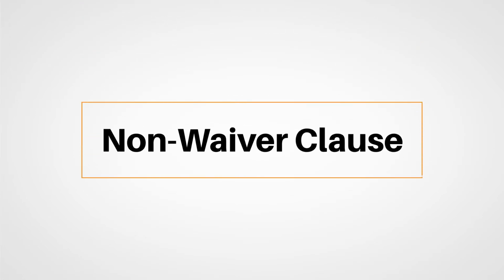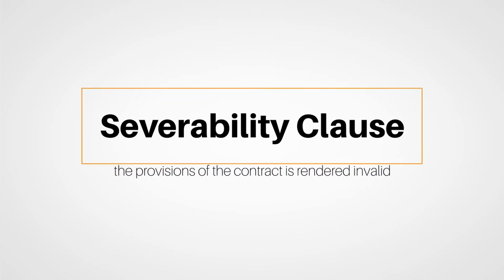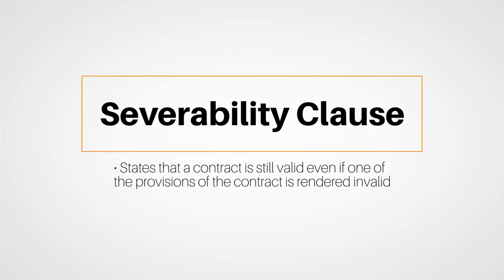A non-waiver clause is one that states that a party under a contract does not lose the right to enforce contractual obligations even if that party forgives another party's non-compliance with the contract. A severability clause states that a contract is still valid even if one of the provisions of the contract is rendered invalid. Severability clauses are intended to protect the integrity of the contract.